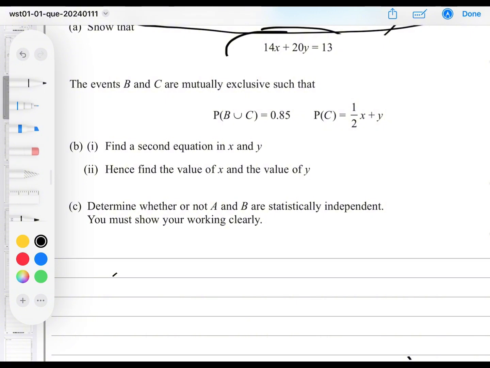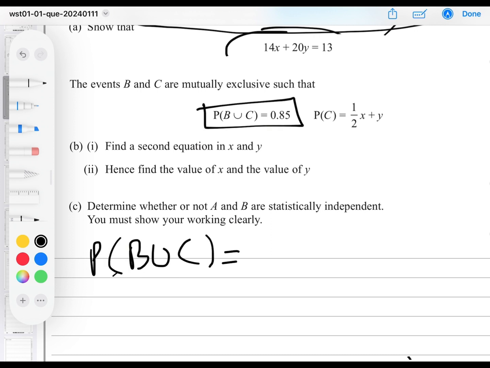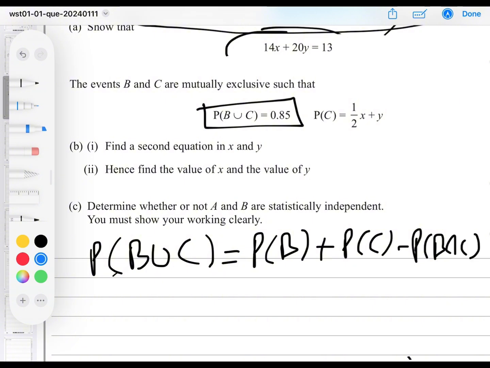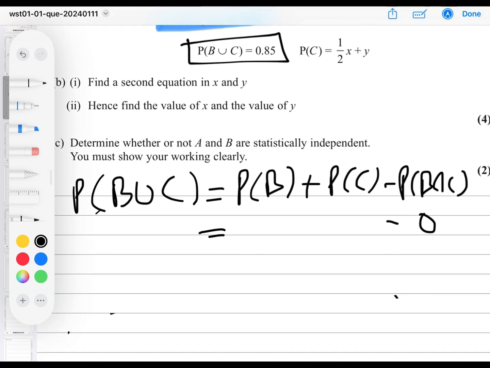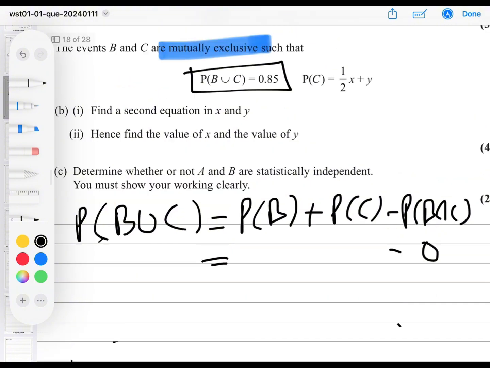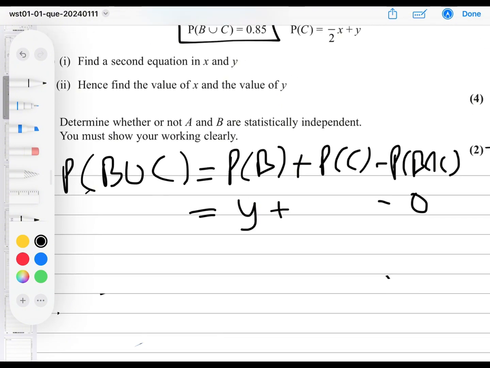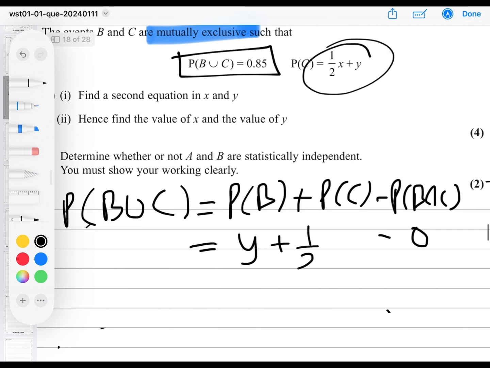Like we just did in the first part, by expanding this we will get the probability of B plus the probability of C, minus the probability of B intersection C. As the events are mutually exclusive, we will put 0 here, and the probability of B is y, and this one is 1/2 x plus y, and this is 0.85.